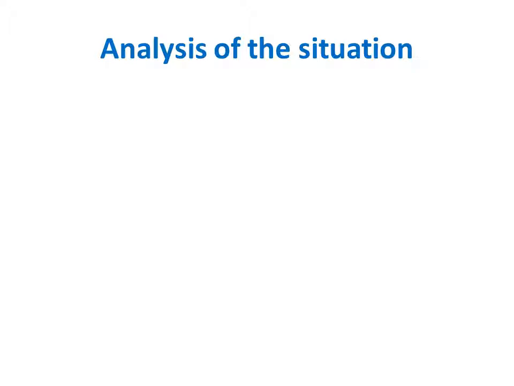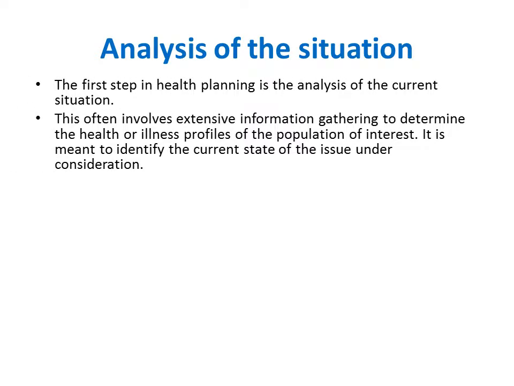The first step in health planning is analysis of the current situation. This means data collection for assessing the present burden of the disease in the population and its distribution. So it involves data collection to identify the current status of the issue under consideration.